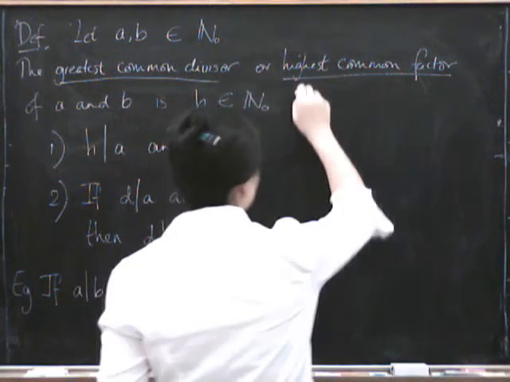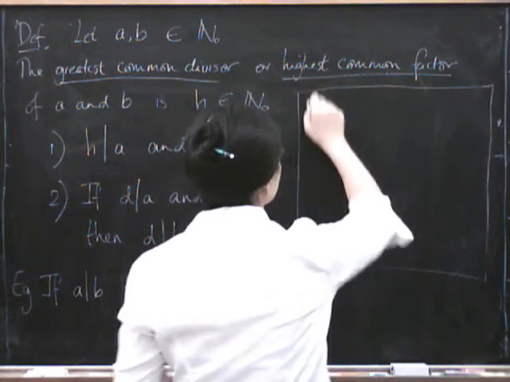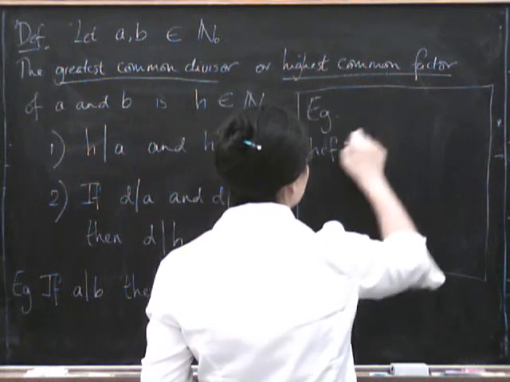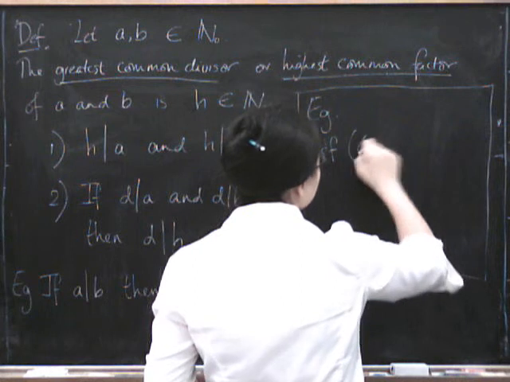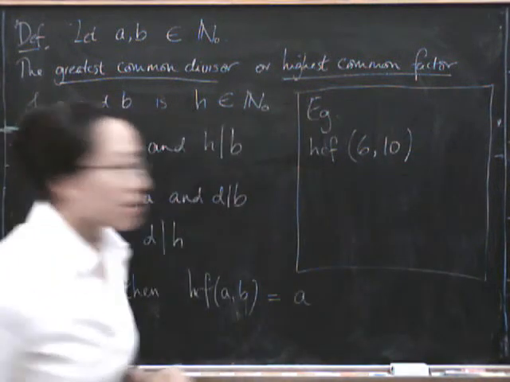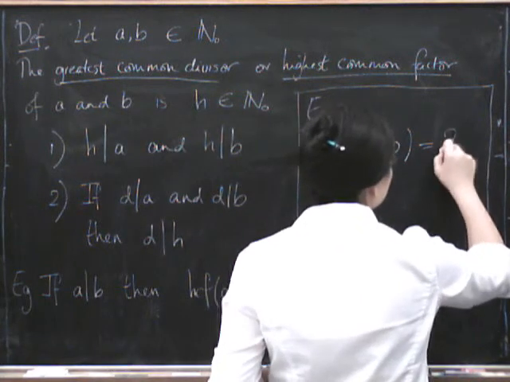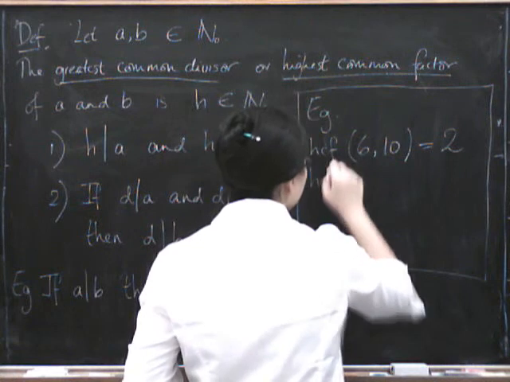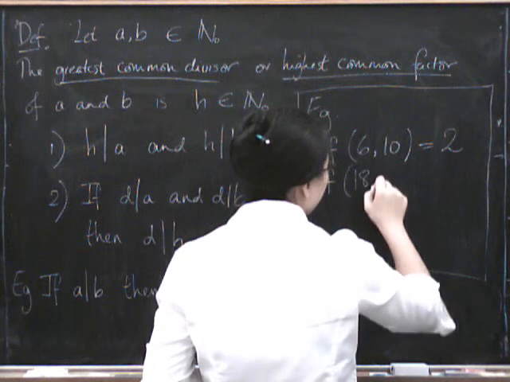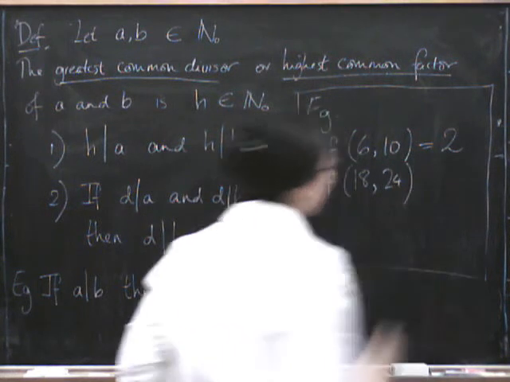I'm sure you've fiddled around with this kind of thing before. For example, the highest common factor of 6 and 10, well, what's the biggest number that divides both of them? It's going to be 2. What about the highest common factor of 18 and 24?